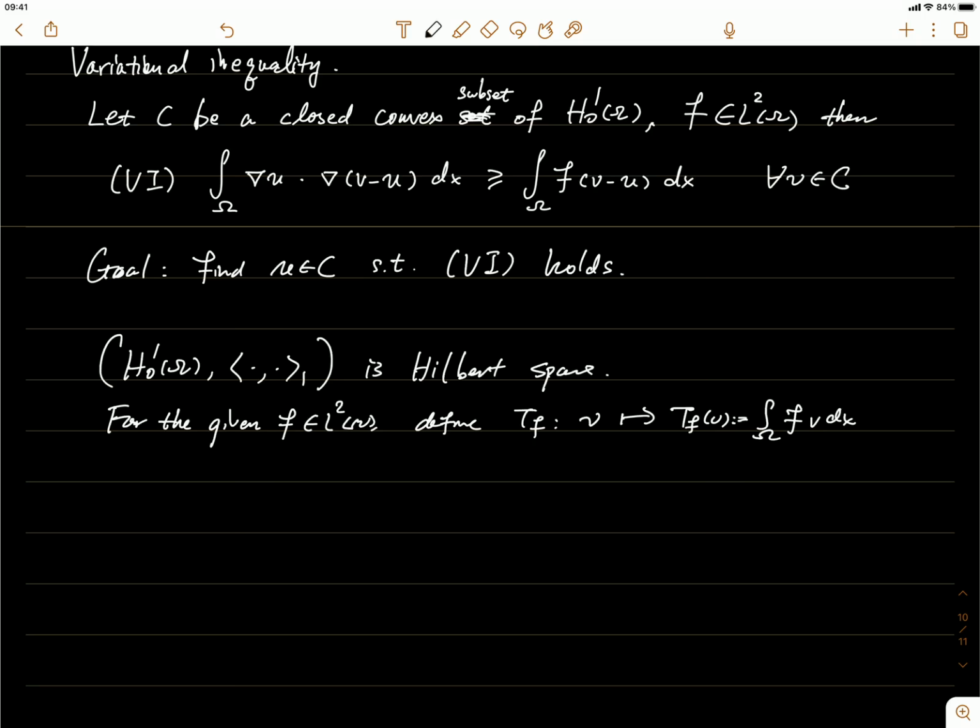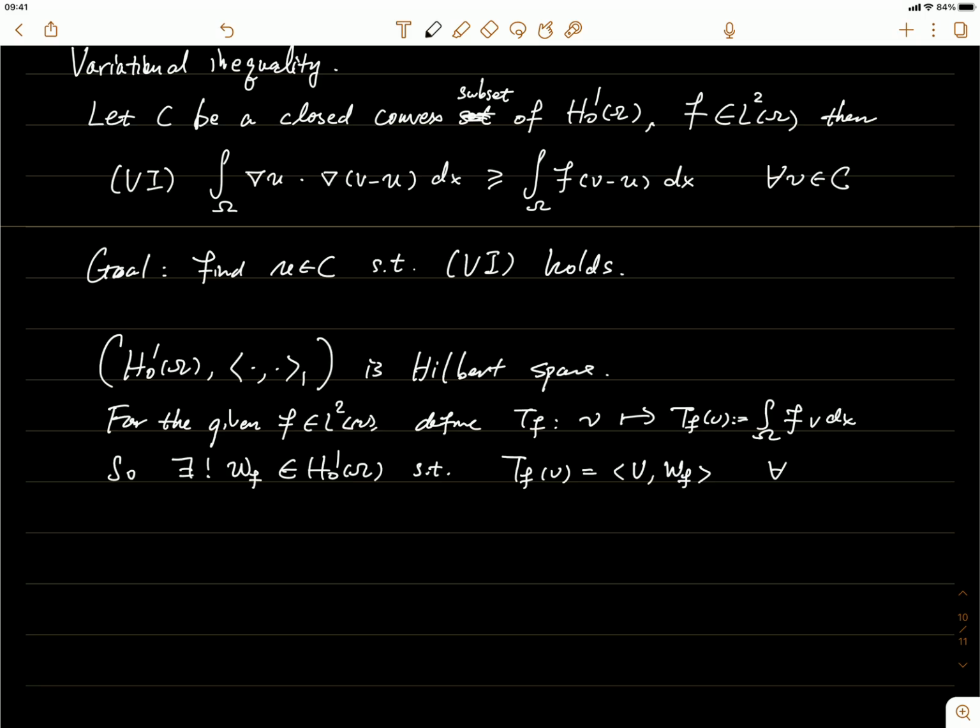Okay, and that also means there exists a unique w, or let's call it wf because it depends on what this f is, such that this one is in H01, such that Tf of v is equal to the inner product of v and wf, or wf and v, either way, because it's a real Hilbert space and this inner product is symmetric.